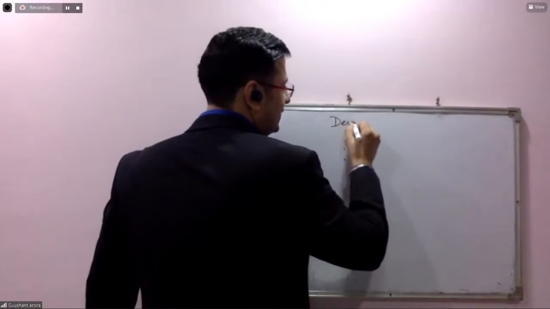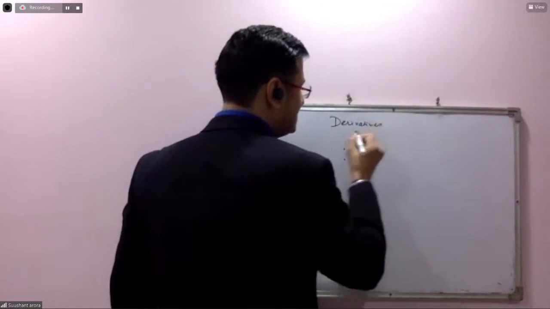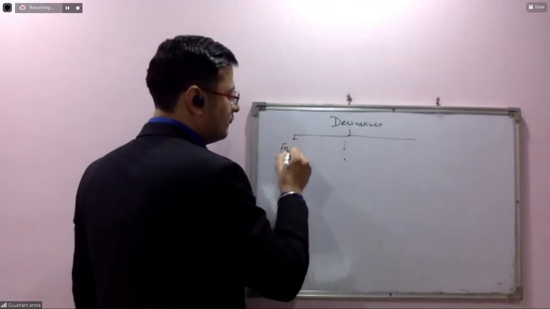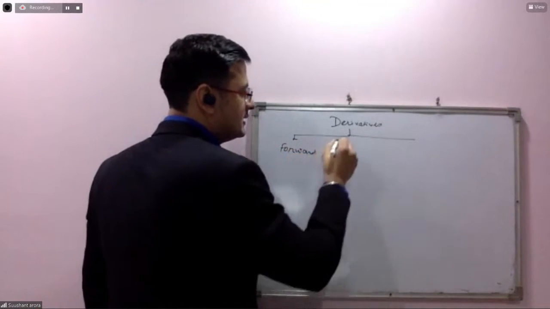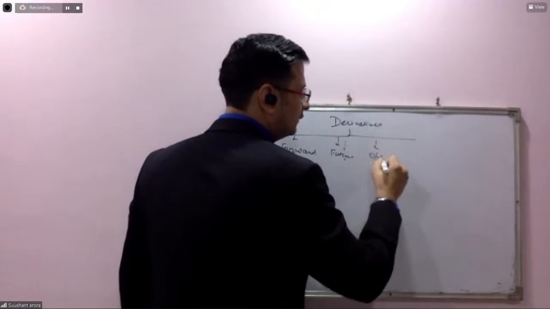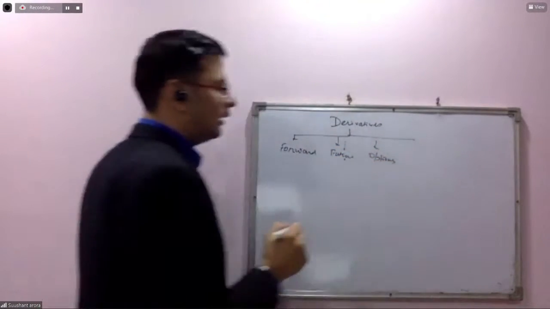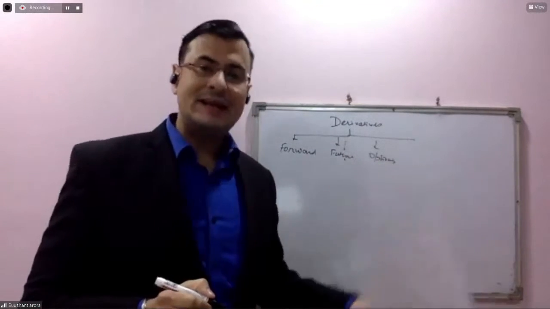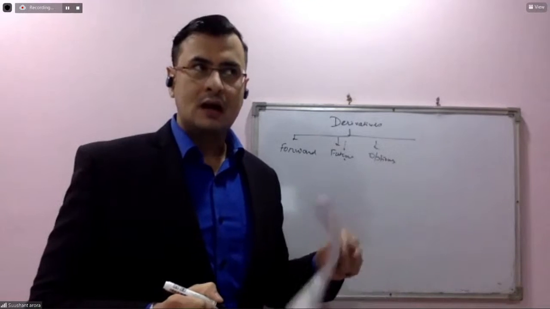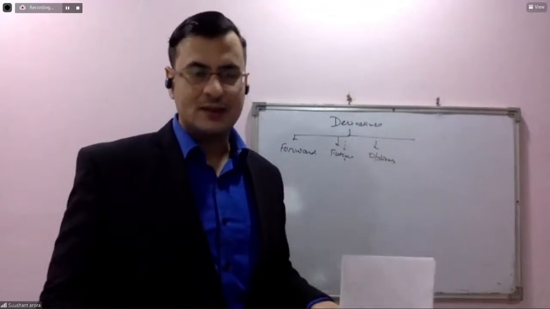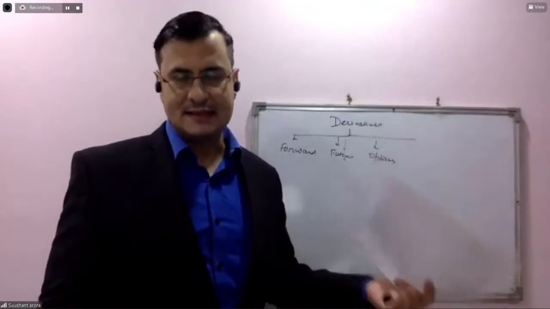So derivatives as a chapter has 4 contents. One is forward. Second is your future. Then option. And one you have is interest rate derivative as well. Don't be astonished that we are not completing this in this chapter.